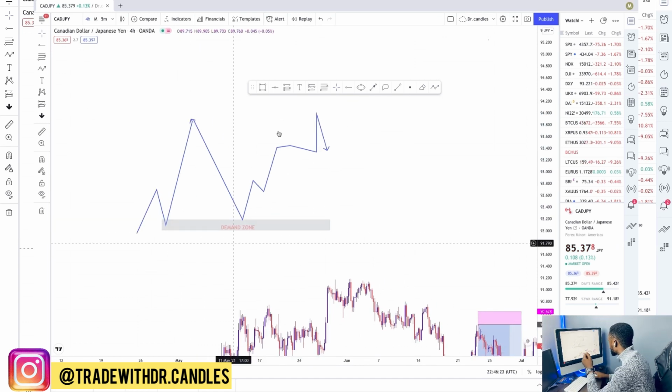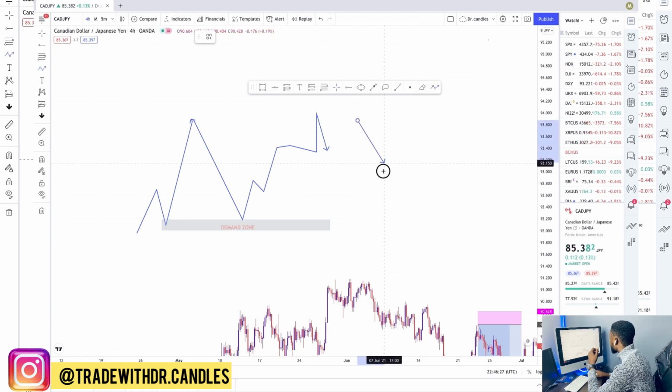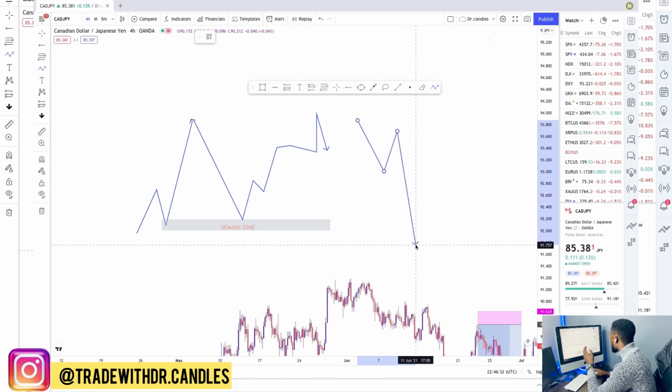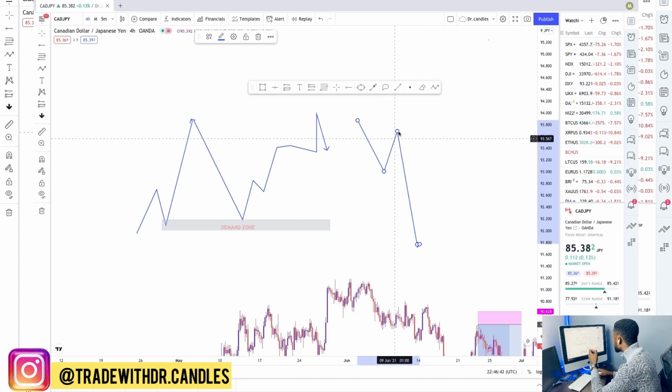Now let us move on to the concept of supply. So assuming the market is trending down, up, and then suddenly a momentum candlestick breaks through a major zone or a major structure like this. You see, this is a major support zone that a momentum candlestick was able to break through.